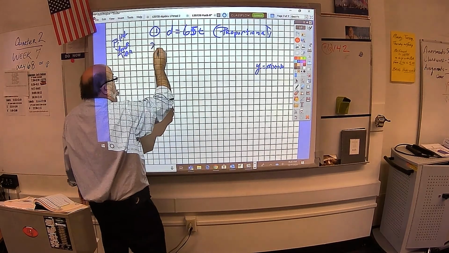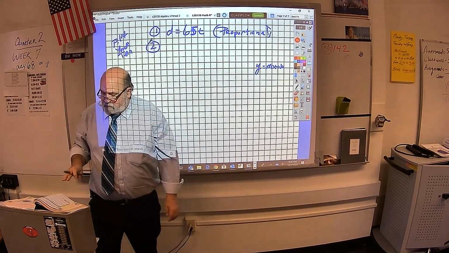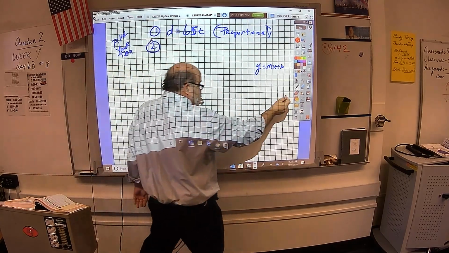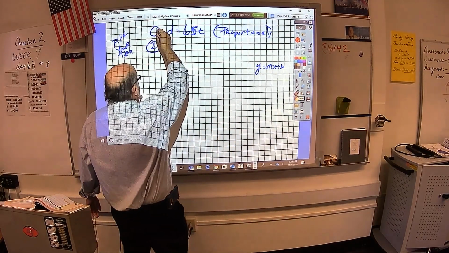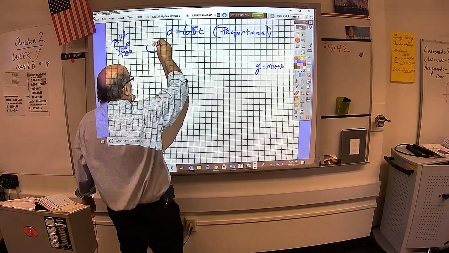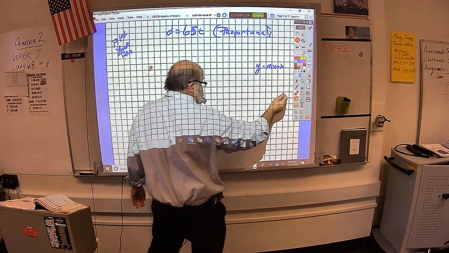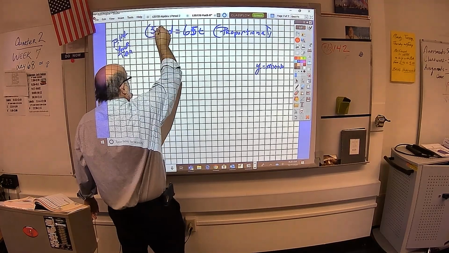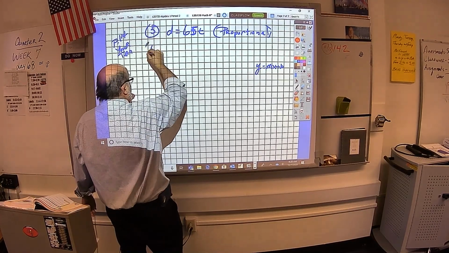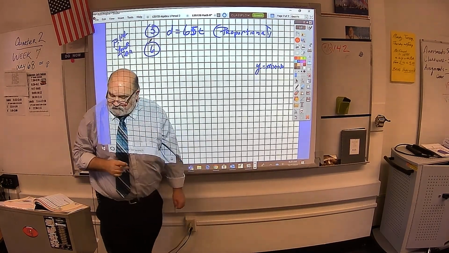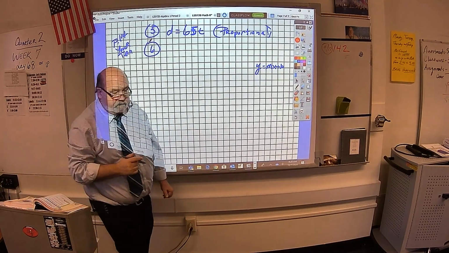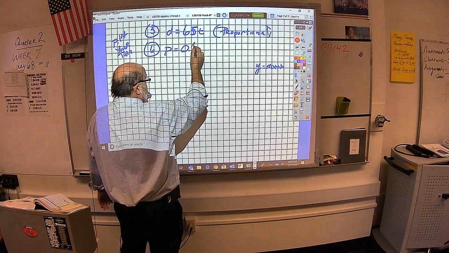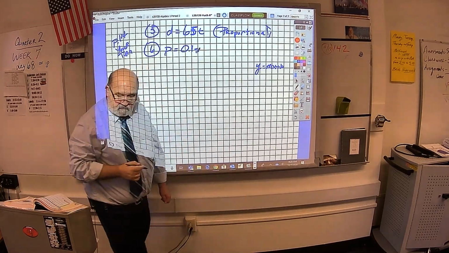Sorry, let me erase this. I don't want to confuse you. This is the bottom of the page, number 5. This is number 6. Number 6 says P equals 0.1s plus 2,000.